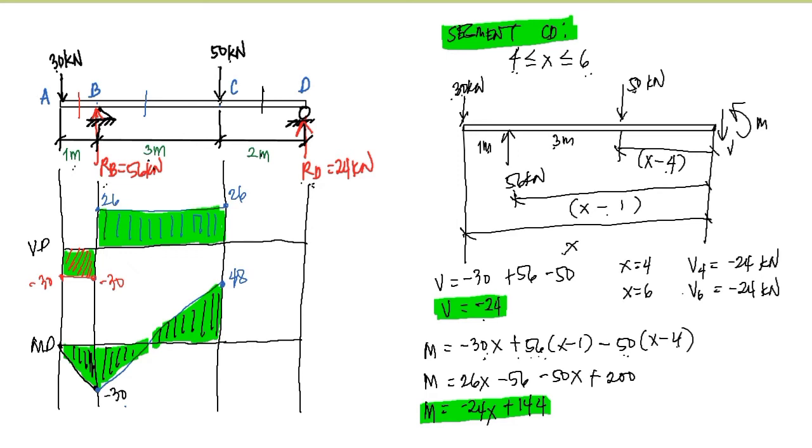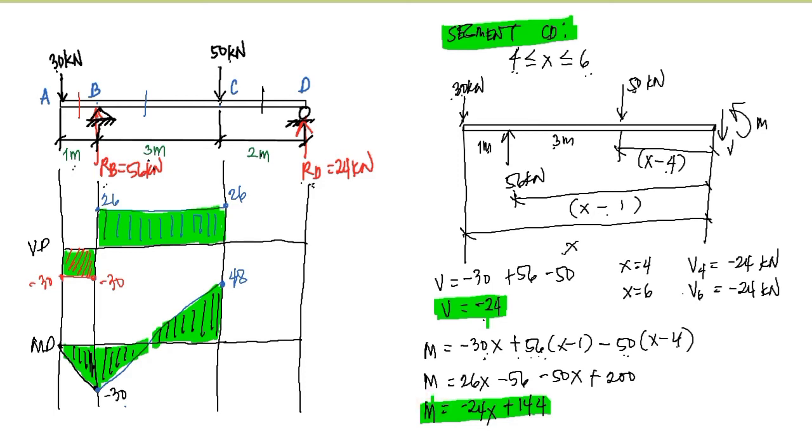Now, in order for us to check whether we got the correct moment equation, we take the derivative of this moment here. So by taking the derivative of the moment, that will give us the shear, and that is negative 24. Now, since the derivative of the constant here is equal to 0, meaning we got the correct moment equation.